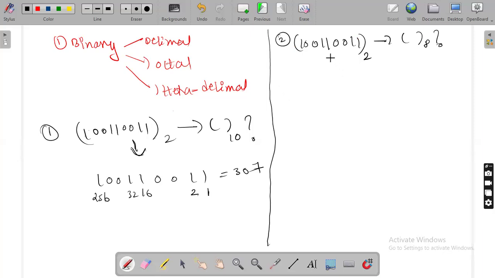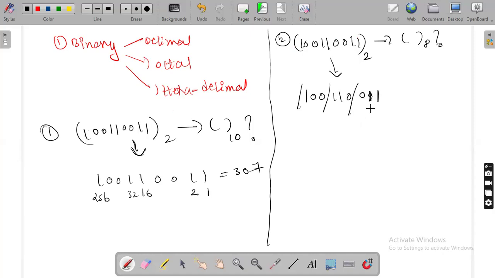So I'm writing the same binary here: 1 0 0 1 1 0 0 1 1. Each digit represents 3 bits, so you have to divide into 3 bits, 3 bits, 3 bits.